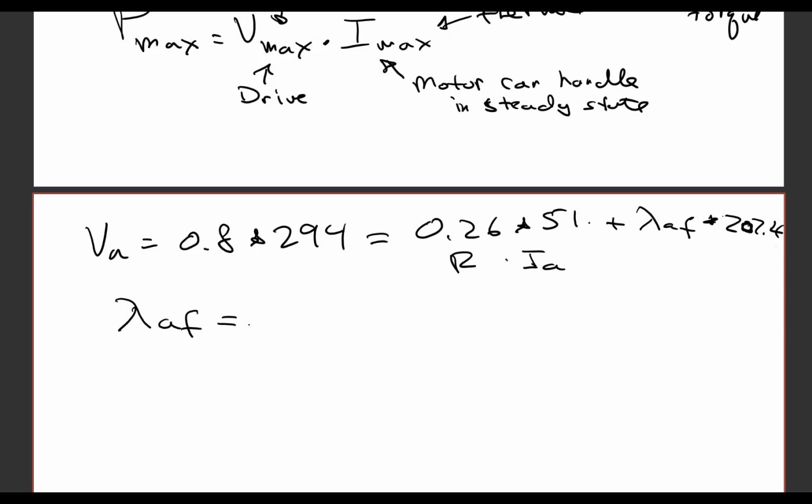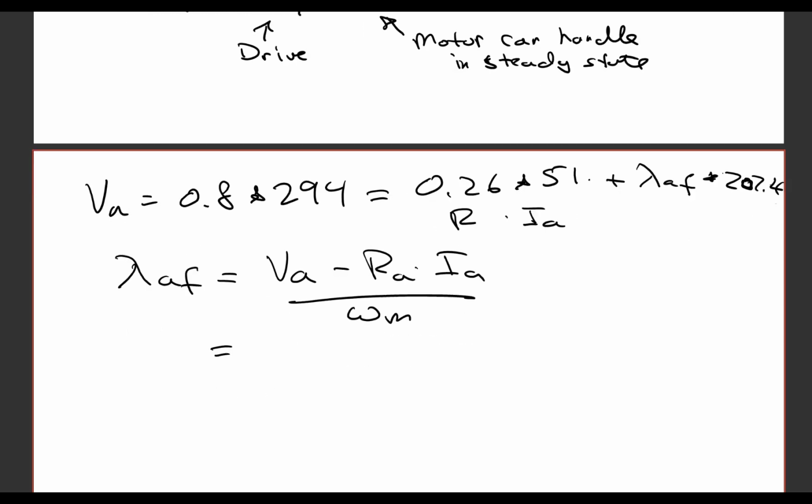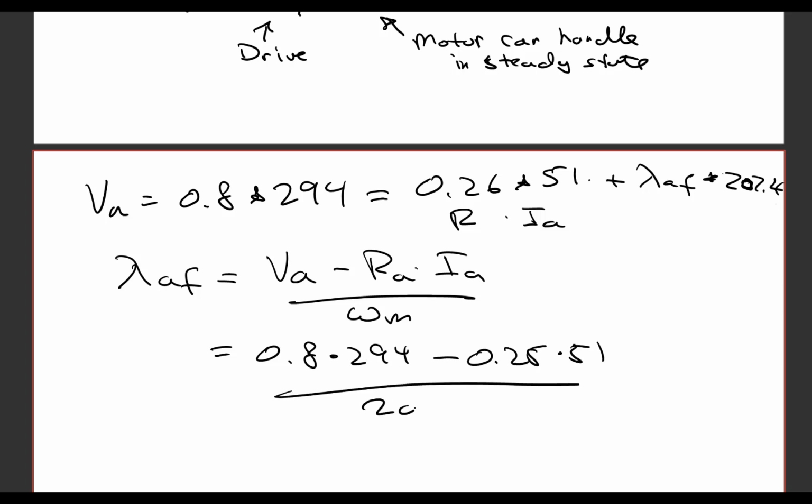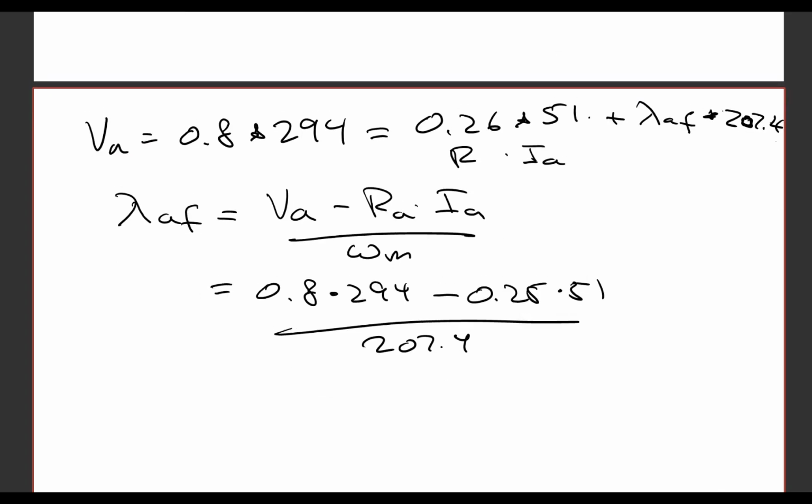But we have to find lambda A F. So that's going to be V A minus R A times I A divided by the speed. So that is 0.8 times 294 minus 0.26 times 51 divided by 207.4.